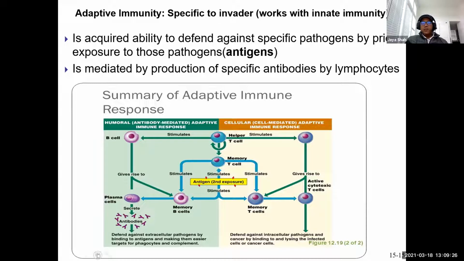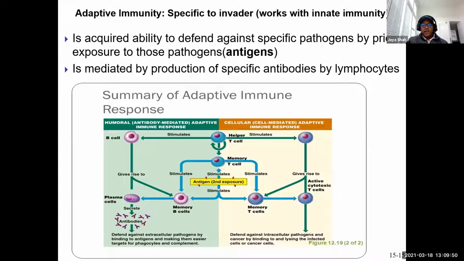At the same time, once helper T cells are exposed to antigen, that T cell stimulates other T cells, and these are called active cytotoxic T cells. And these active cytotoxic T cells do not produce antibodies. They directly attack the pathogens which are hiding inside the cell.